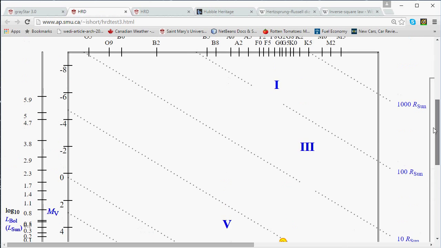At the other end of the range here, up near the top, we have a value of 5.9. We can just round that up and call it 6. So that means that the brightest stars we need to be able to accommodate have luminosities of 10 to the power of 6 solar luminosities. So that's 1,000,000 solar luminosities. So let's just take a moment here to think about the enormous range of luminosity that we have along this vertical axis here in this diagram.